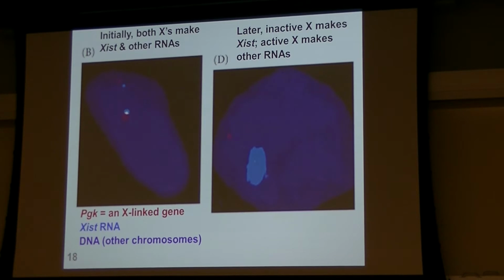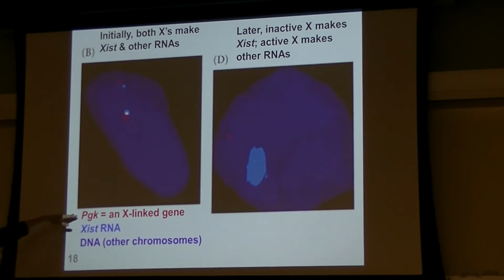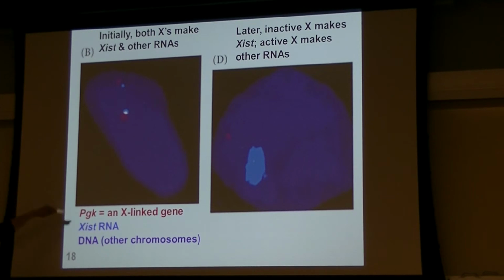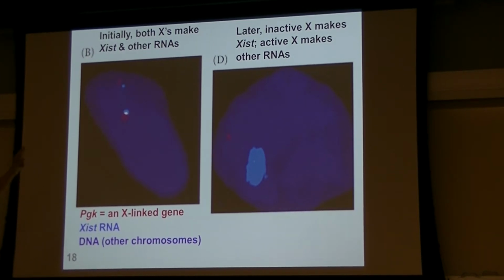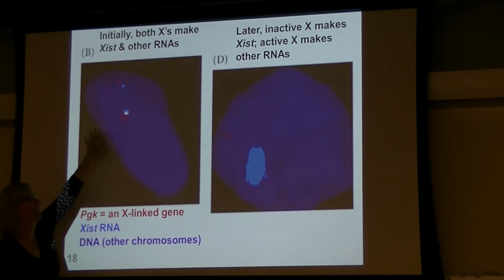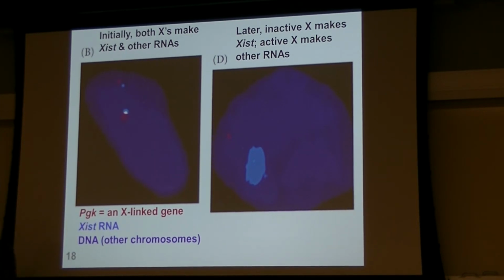So here's looking at some cells in a really early embryo versus slightly later. As we said initially, both X's are on, and both of them are making exist and other RNAs. So initially, they're both making PGK, which is an X-linked gene, so you see two red spots. They both make exist, which is two light blue spots, and then this whole mass here in dark blue is the nucleus with all the chromosomes.